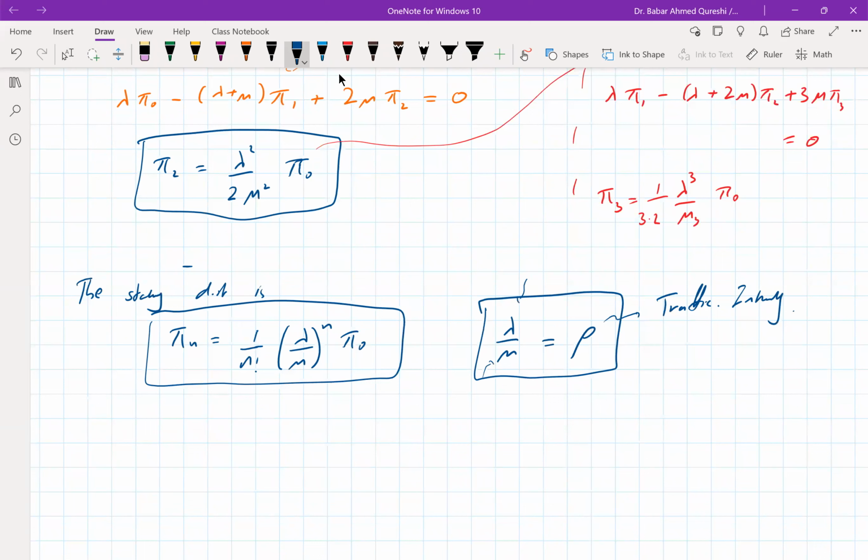So in terms of this, I can write it as pi n is rho n over n factorial pi naught.